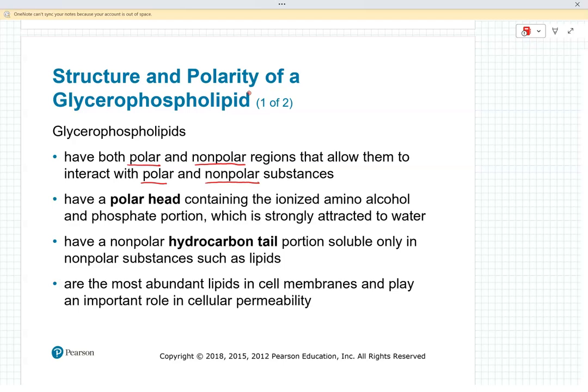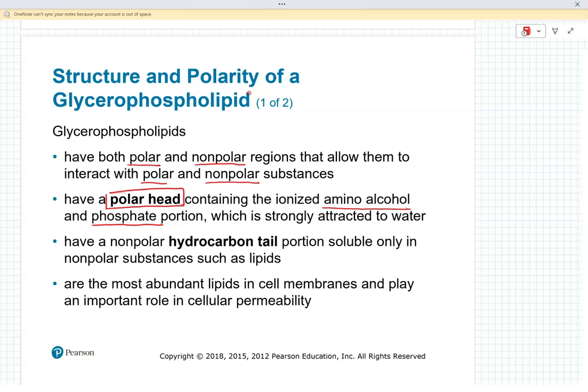The polar part of the glycerophospholipid molecule is usually termed a polar head. So what is it comprised of? It contains an amino alcohol, like a choline residue, and a phosphate group.